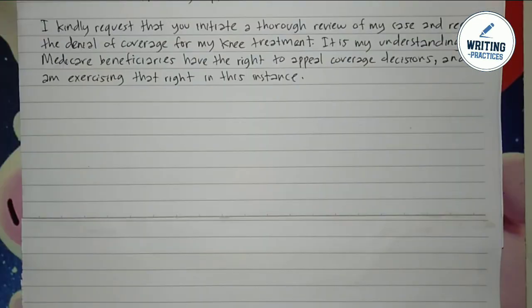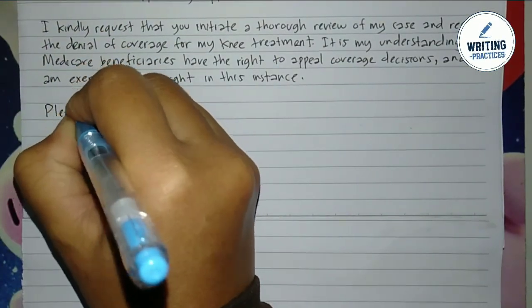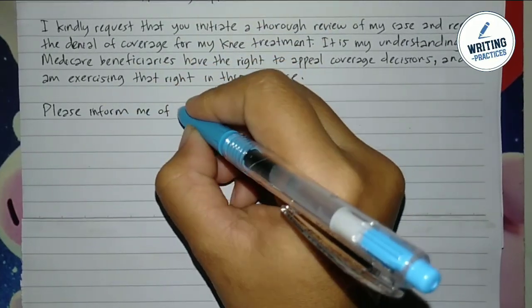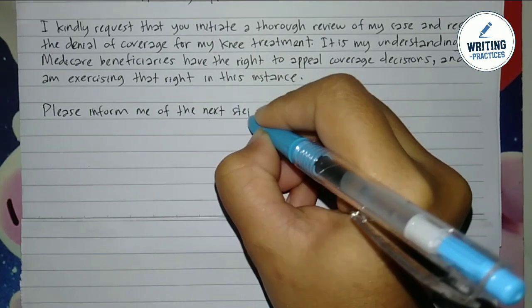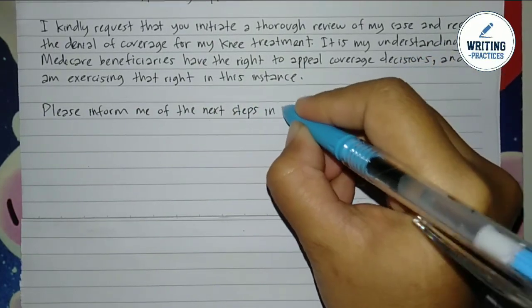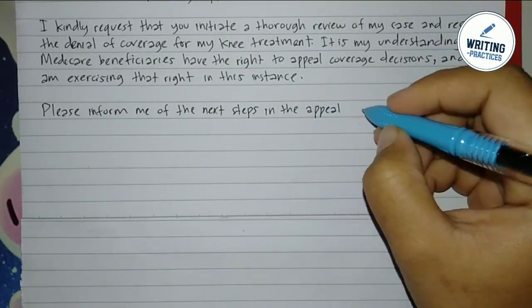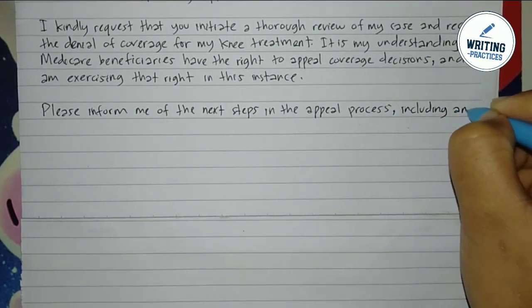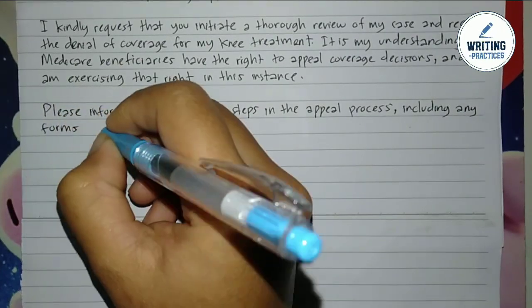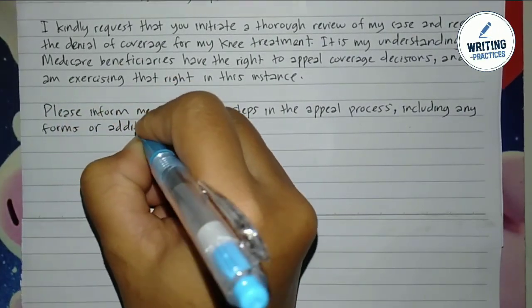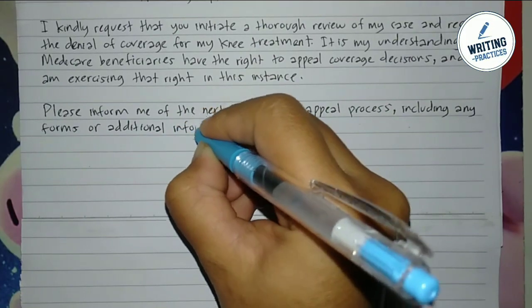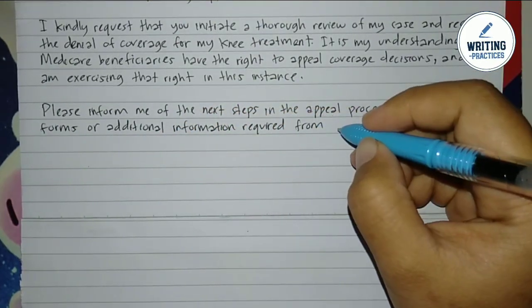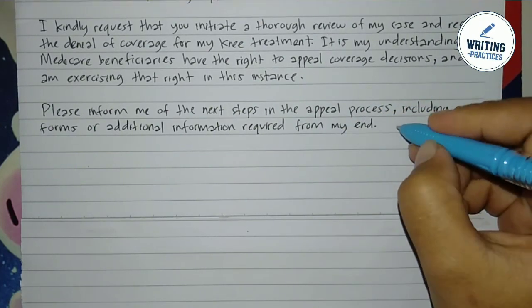In the fourth paragraph, there may be some steps that you have to take in order to get your dispute approved. Therefore, ask the recipient to inform you about this. Simply write, "Please inform me of the next steps in the appeal process, including any forms or additional information required from my end." This is a polite way to ask. You can also expect the recipient to respond as soon as possible.